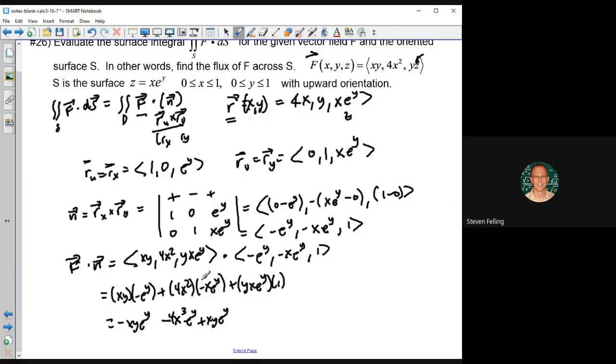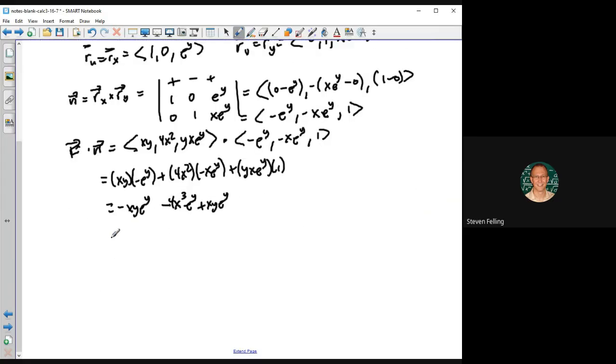And then finally, the integral is just to integrate that all over the parameter domain area. So we have to take the double integral of that: negative xy e to the y minus 4x cubed e to the y plus xy e to the y.